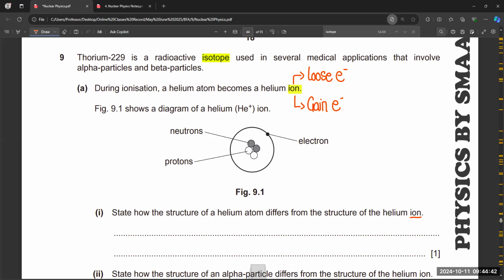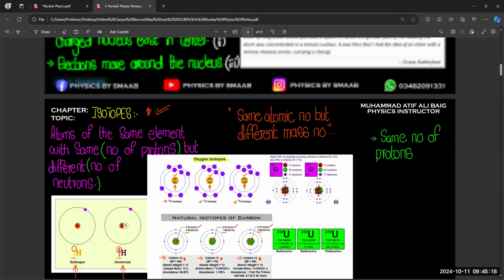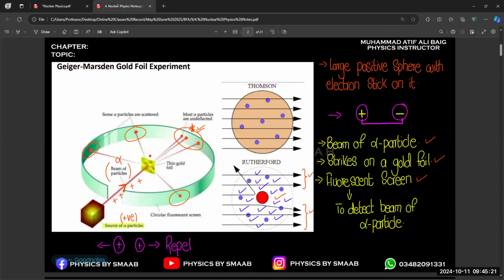Why not protons? Always remember, as you can see in the diagram also, that the proton is in the nucleus, right? So the proton will not move just like an electron. Because in atomic structure, we discussed that electrons are free to move, revolving around the nucleus.